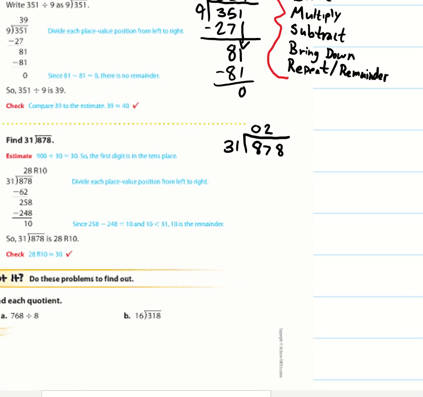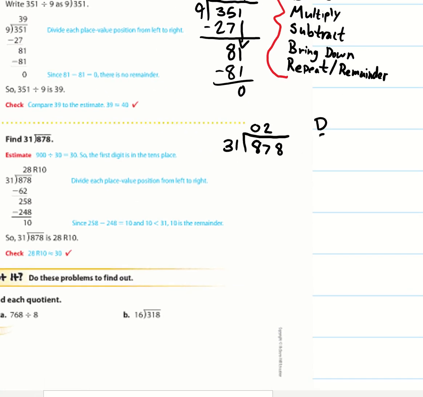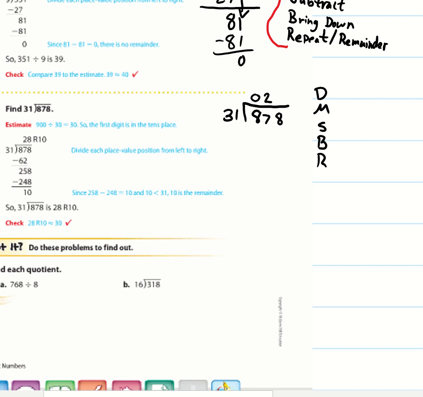Now I'm going to write this down just to help me out, but I'm only going to write down the first letters. So I divide: 31 divides into 87 twice. Multiply: 2 times 31 is 62. Subtract: it's going to be 25. Bring down, and repeat.